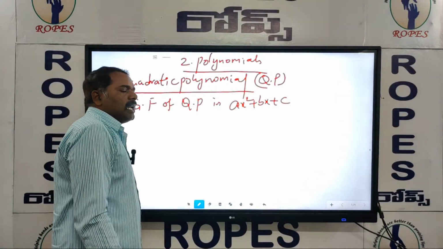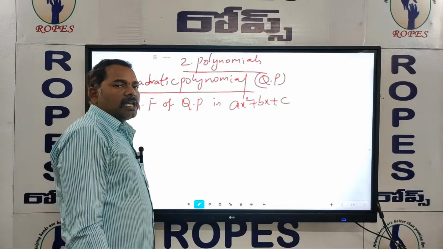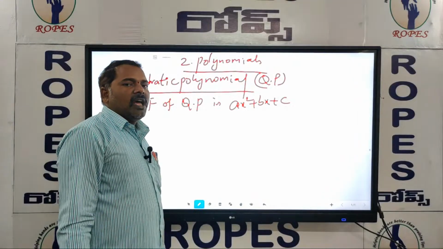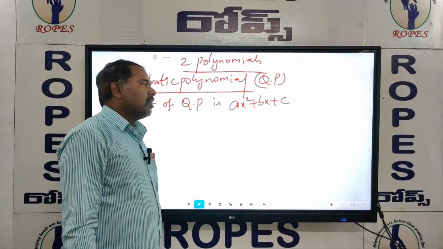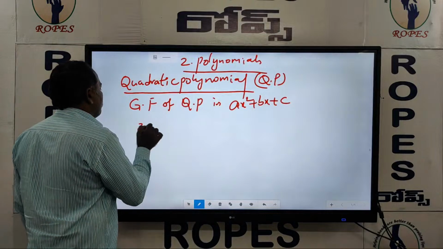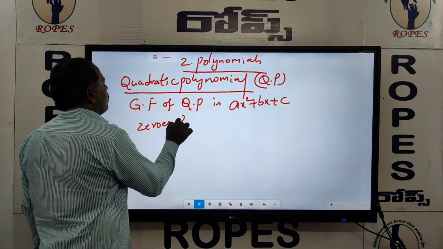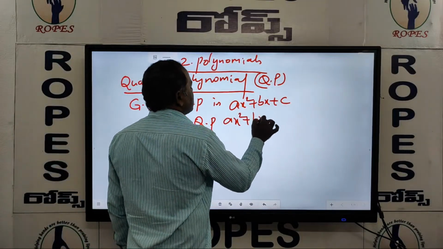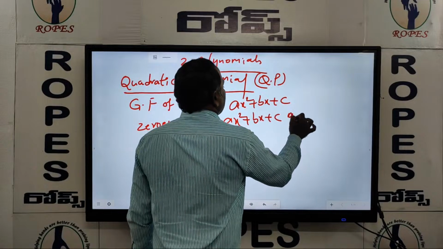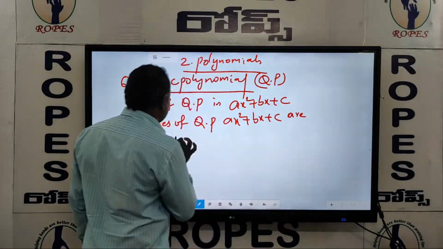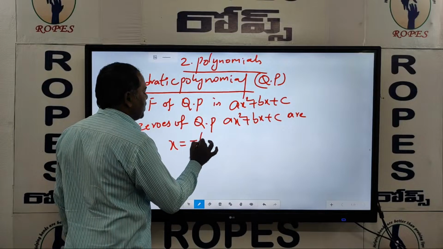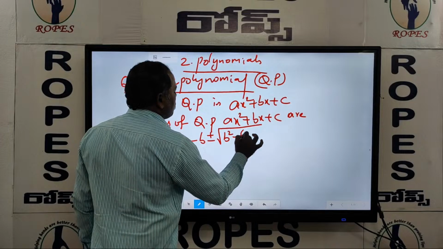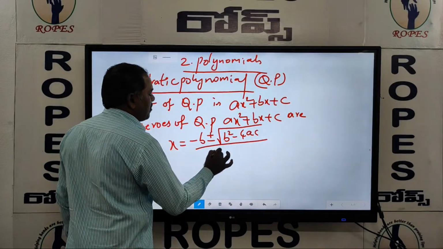Here, how to find the zeros? There are two methods: the factorization method, or the quadratic formula method. The zeros of the quadratic polynomial ax square plus bx plus c are given by x equals minus b plus or minus square root of b square minus 4ac, all divided by 2a.